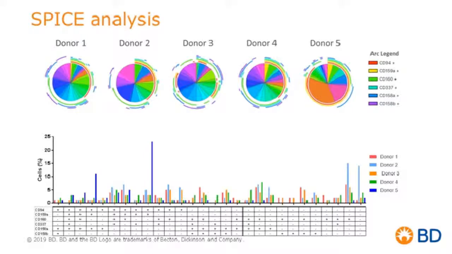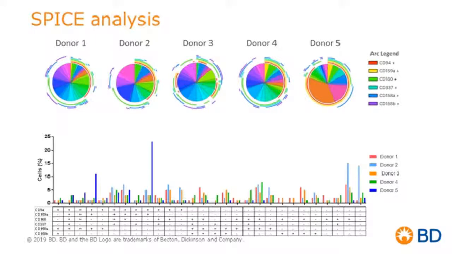If we go back to donor number 5, if you remember, that donor had that very distinct cluster that was CD94 positive. So this donor specifically has that big pie slice in orange, that's driven by the co-expression of CD94 and CD159A, as also represented in the chart.